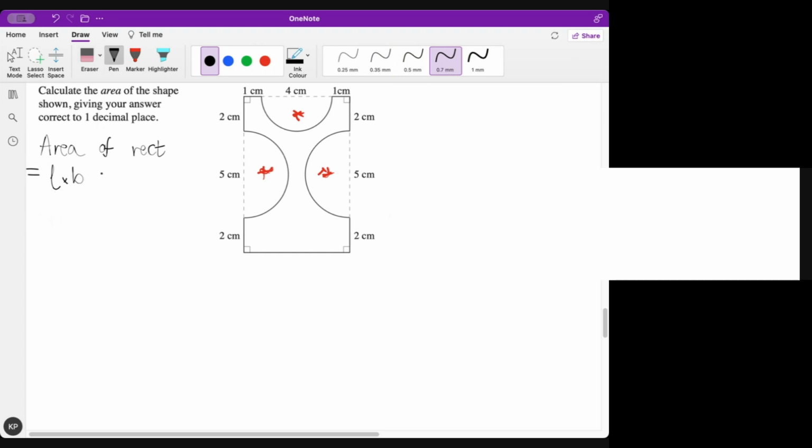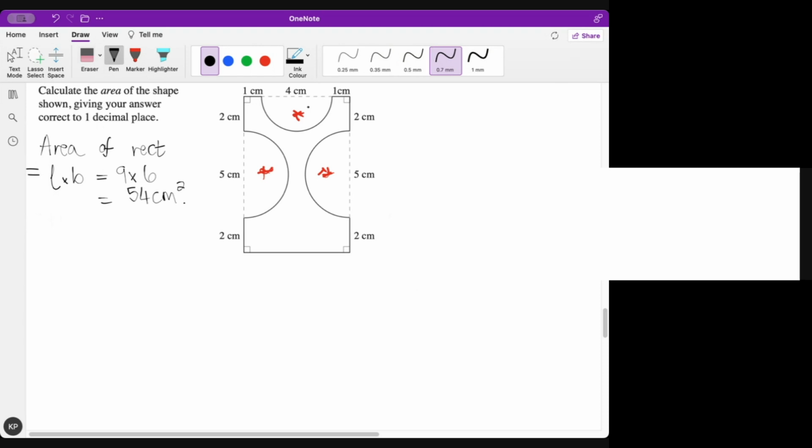Thank you. 9 times, what's the breadth of this rectangle, or the width? That will be 6. So it's this 4 plus 1 plus 1. And then 9 times 6, what is my area of this rectangle? 54, and it's in centimeters squared.